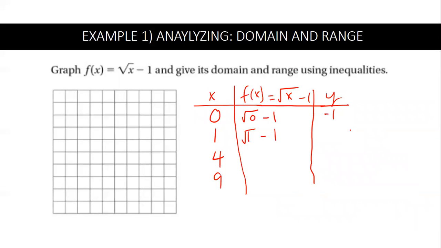What does that give me? Gives me 0, right? I have the square root of 4 minus 1. That gives me the square root of 3. And I have the square root of 9 minus 1, and that gives me 2. So when I'm graphing this, I'm going to make a little graph.